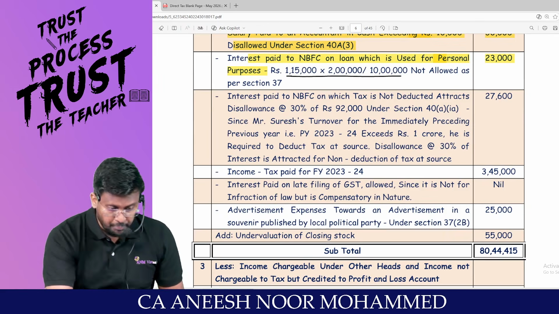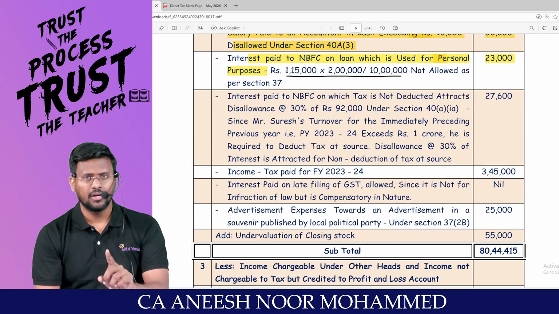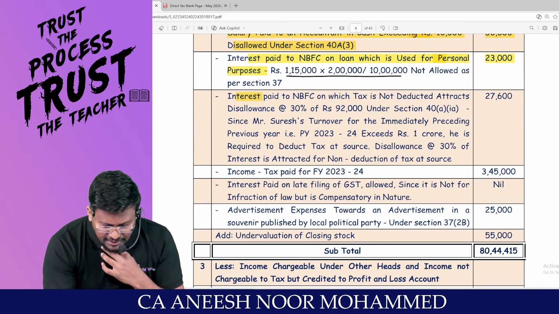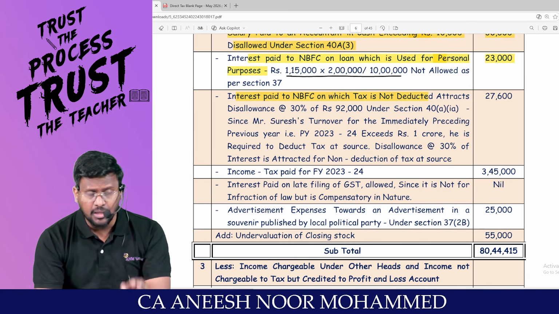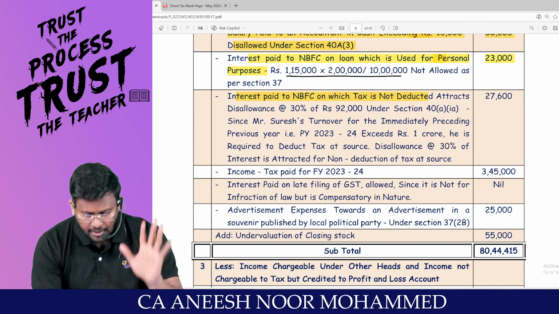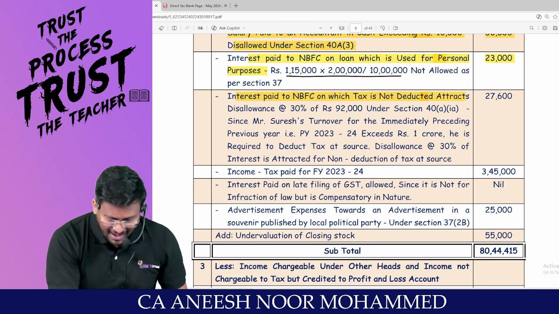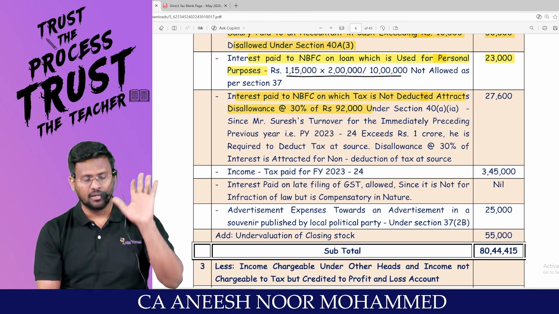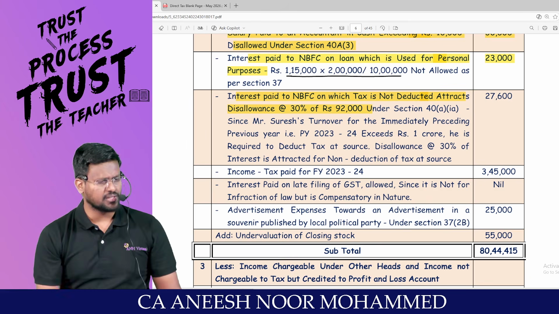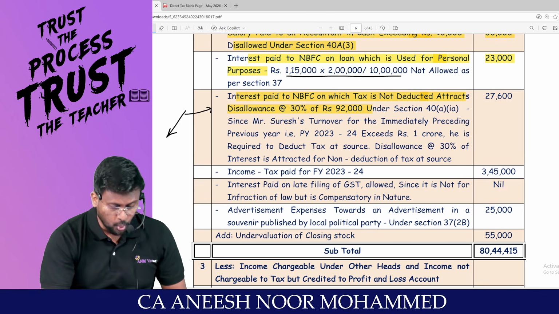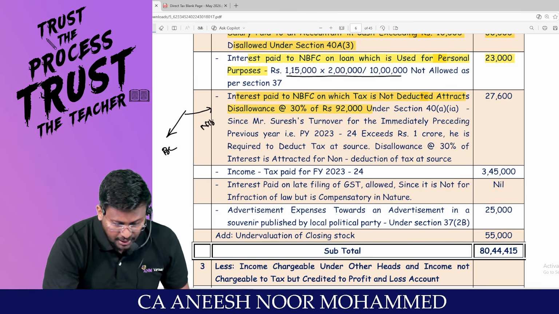The next one, beautiful point of this question. In the entire question, I love this point. Interest paid to NBFC, on which tax is not deducted. Attract disallowance at the rate of 30%. You have to check whether the interest has been paid to banking company or NBFC.